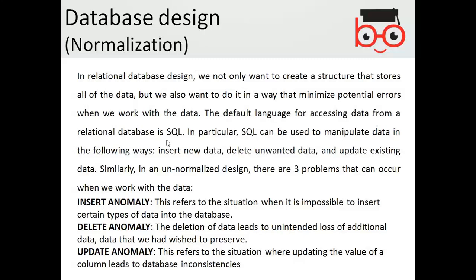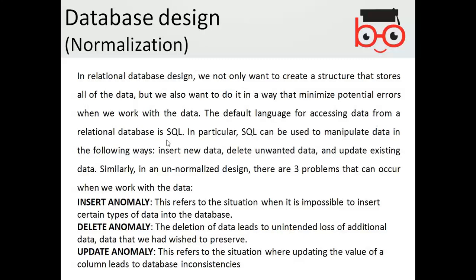When we work with the data, the default language for accessing data from a relational database is SQL. In particular, SQL can be used to manipulate data in the following ways: insert new data, delete unwanted data, and update existing data. In an unnormalized design, there are three problems that can occur.